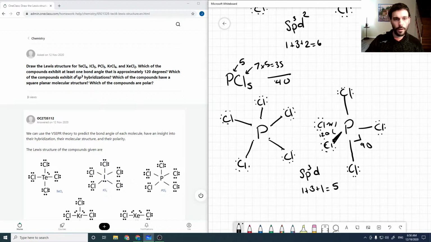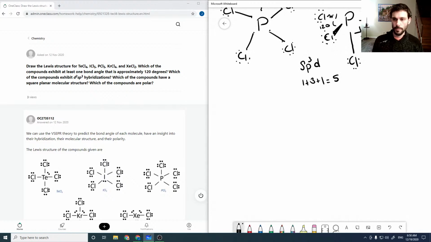Okay, and now I'll do the next one. So Krypton Chloride. Okay, so Krypton has 8. Each of these contributes 7, which is 28 total. So then the total is 36. We already know that the Krypton needs 4 bonding partners.